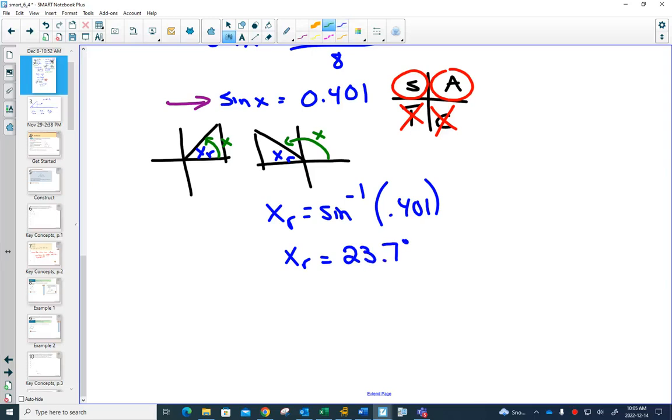So that means that x, well, in quadrant 1 it will be identical to 23.7 degrees, but in quadrant 2 you'd have to go all the way to 180 and then minus your reference angle, which would be 156.3 degrees.